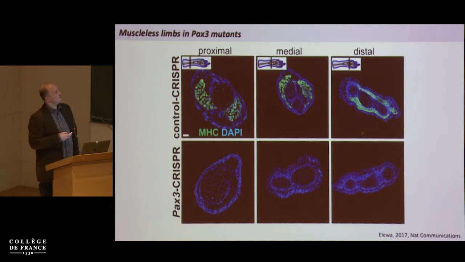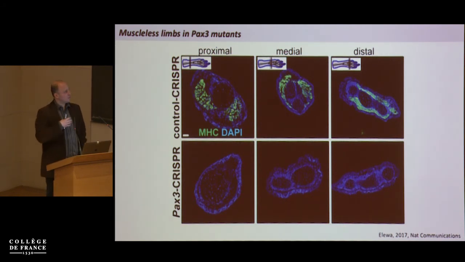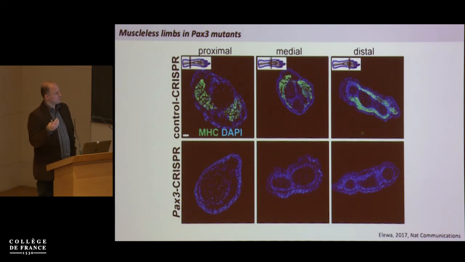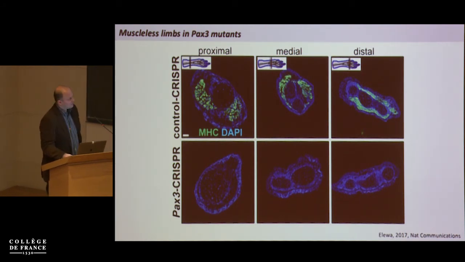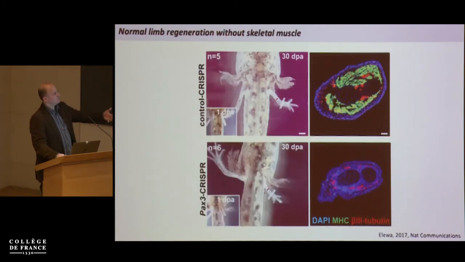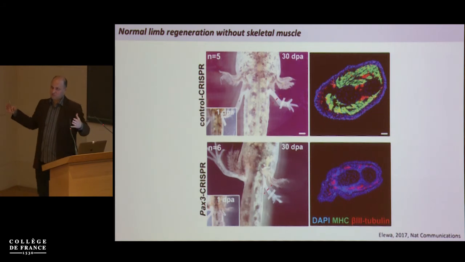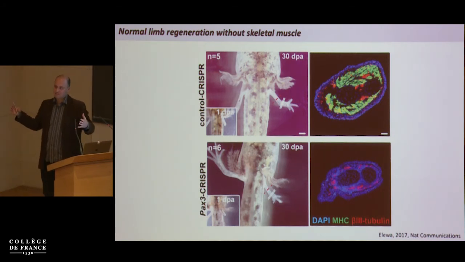And then these animals are quite sick. That's not unexpected. But in the F0 generation, one can work with the mosaics, and we can look at animals which lack muscle in their limbs. And then came quite a surprise: when we looked at these muscle-less limbs and amputated those, we could see that limb regeneration was normal, but they had no muscle.